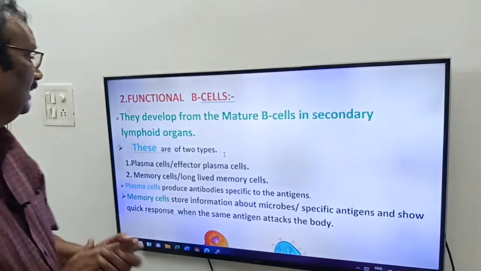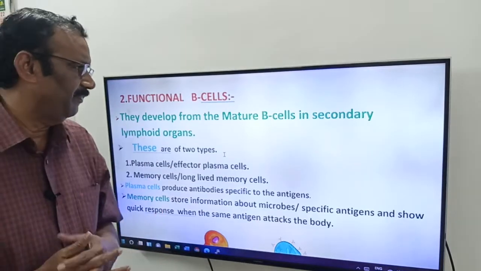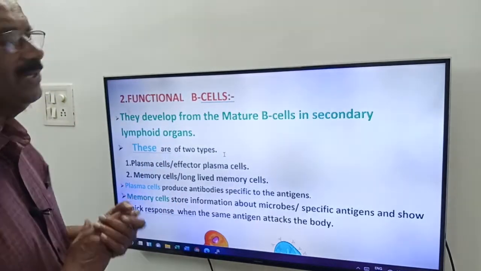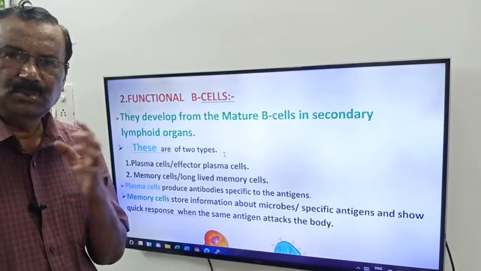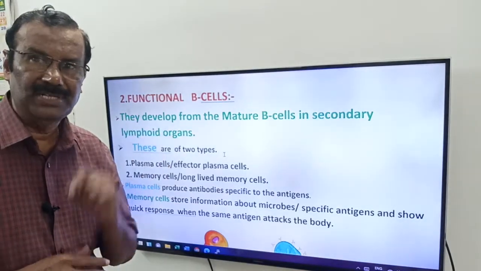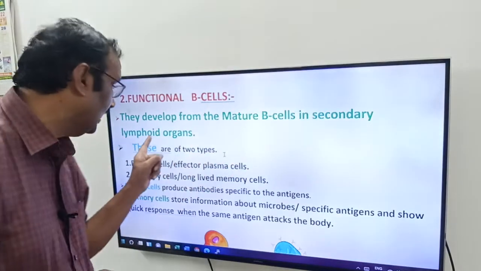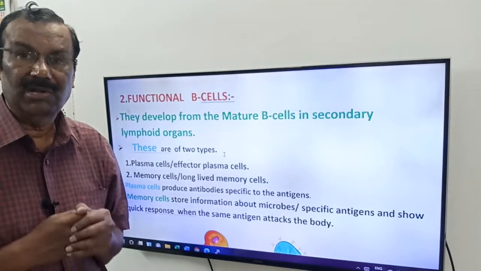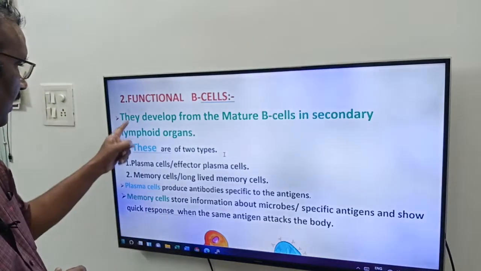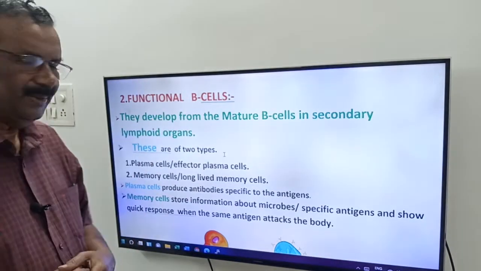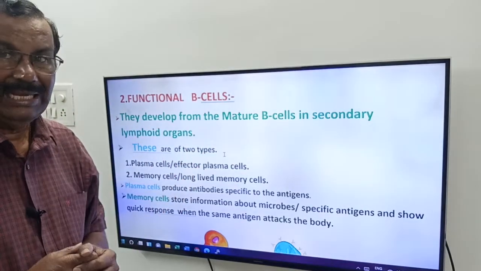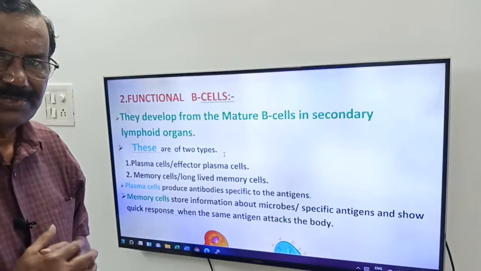These functional B cells develop from the mature B cells in the secondary lymphoid organs. Once again, these functional B cells develop from mature B cells in secondary lymphoid organs.